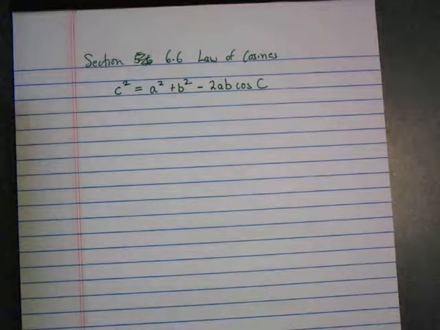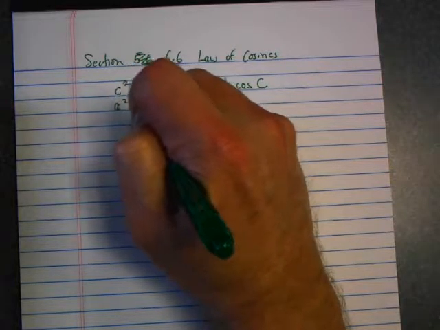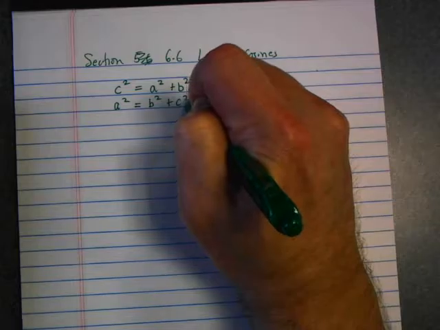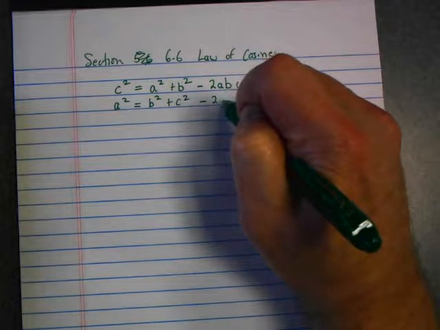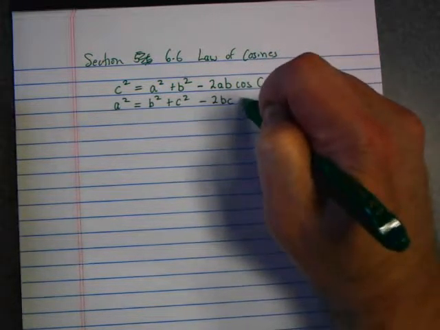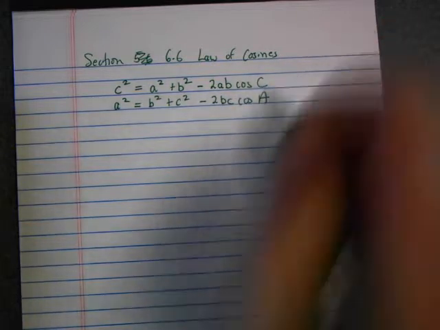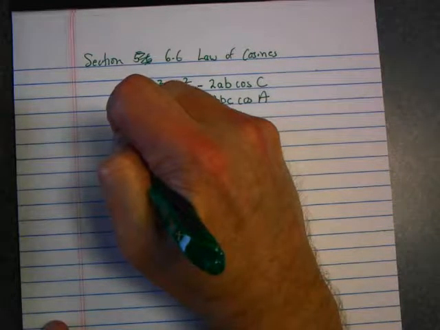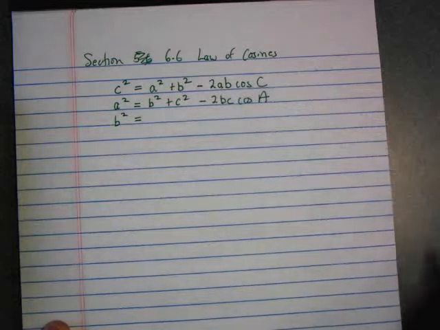All right. The other 2 law of cosines look like this. A squared equals B squared plus C squared minus 2BC cosine A. So what happened? All I did is permute the letters around. And then the last one is B squared equals, what would B squared equal?